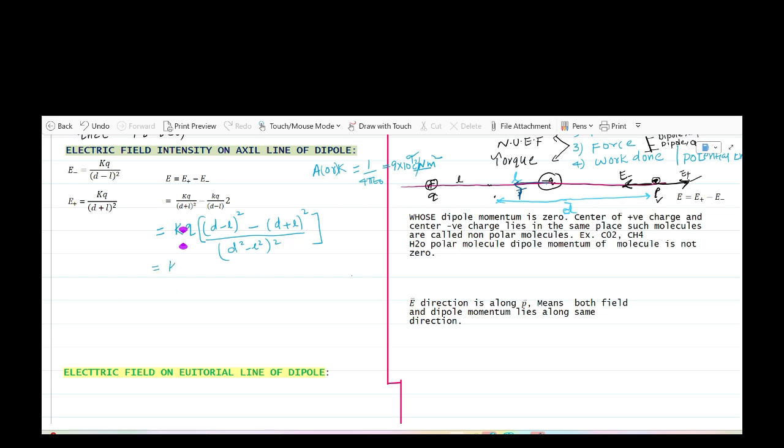So which is equal to KQ into minus 2DL and minus 2DL, D square L square get cancelled, it will become minus of 4DL by (D square minus L square) whole square.